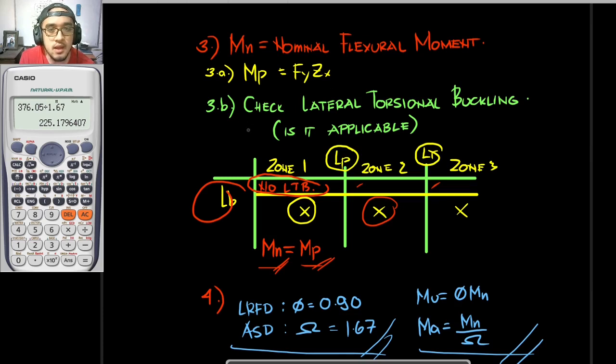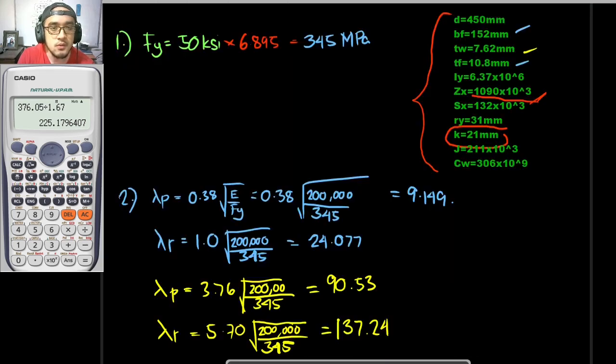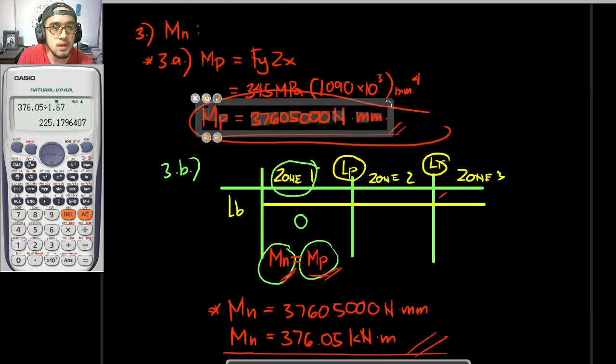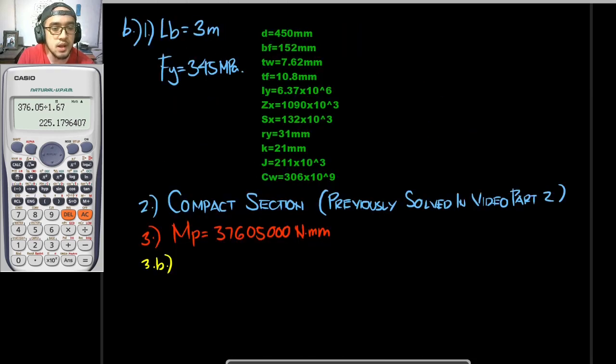As for 3B, we should check for the lateral torsional buckling, if it is applicable, by comparing your unbraced length with the values of LP and LR. From steps number 1, 2, and 3A, we have already done that in the previous video. So we would be proceeding to step 3.b.